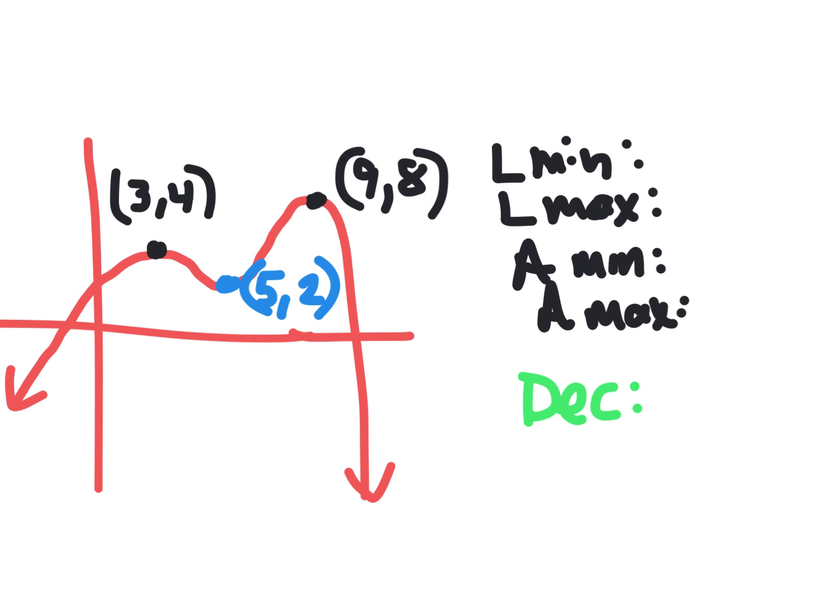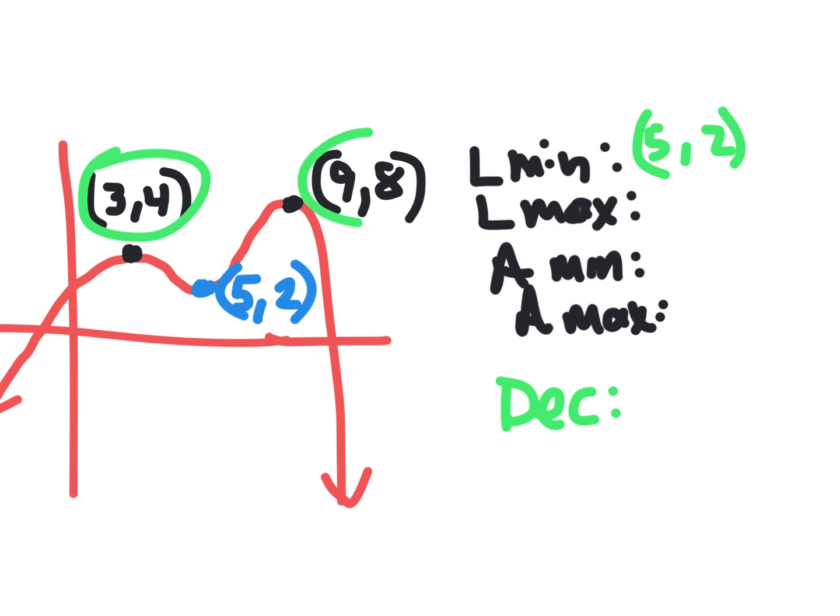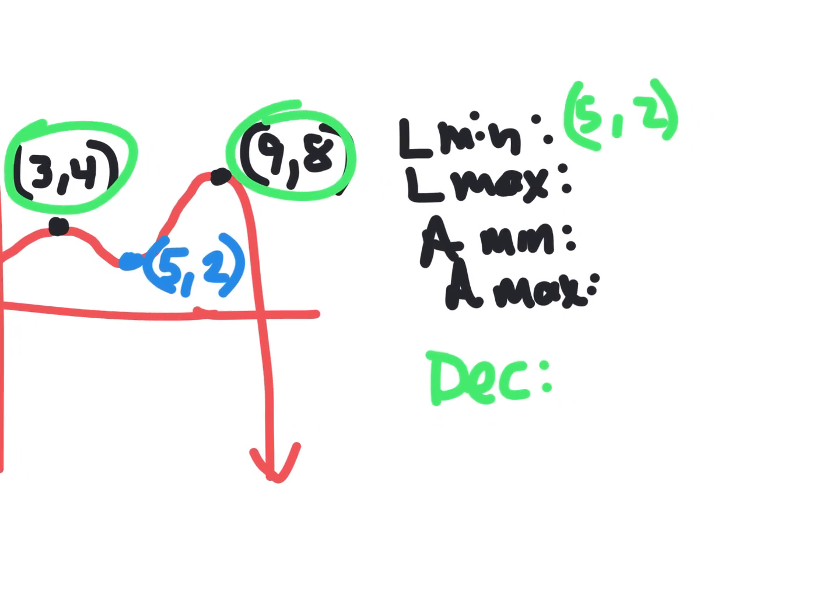So here are your answers. The local minimum was 5, 2. The local maximum was two things. It's very common for people to forget that the absolute max is also a local max. 3, 4. Now these are not intervals, they are points, so I'm not going to put a U next to it.